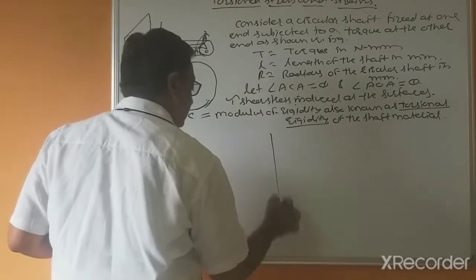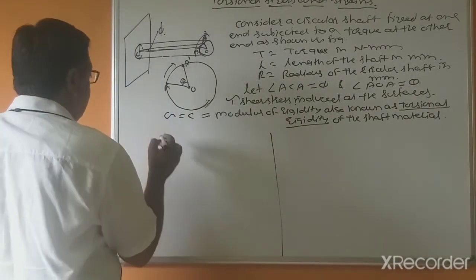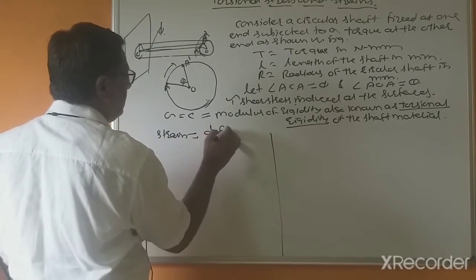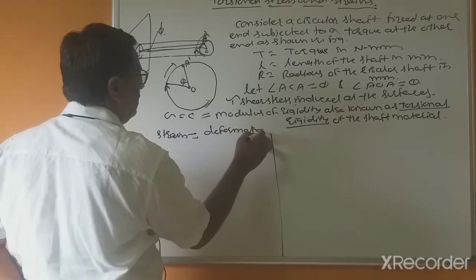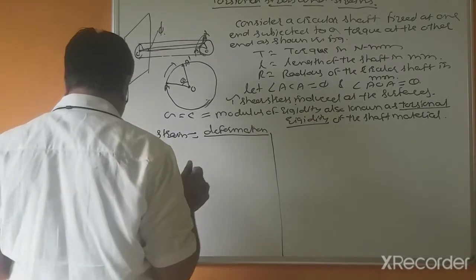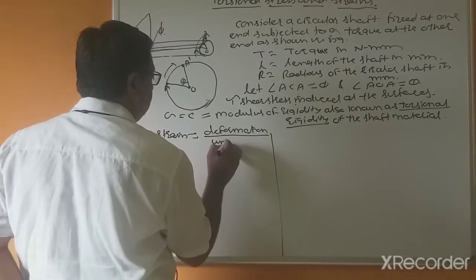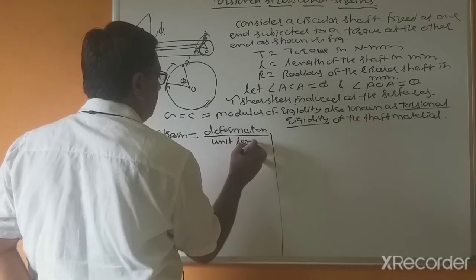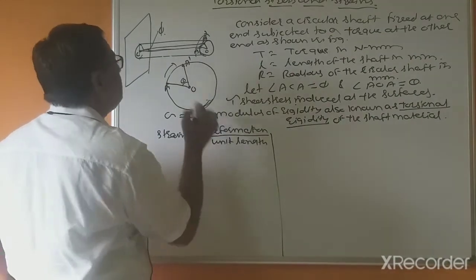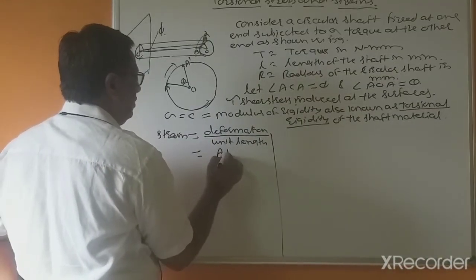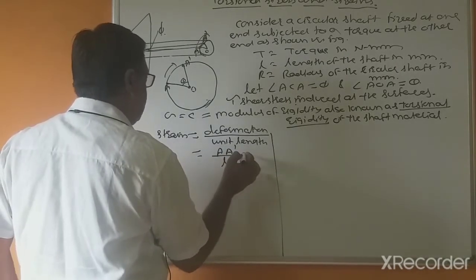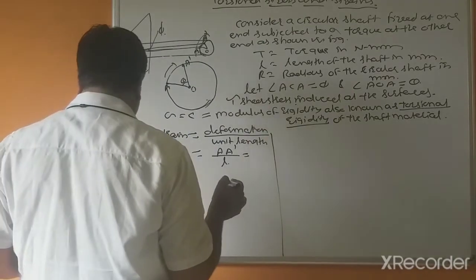So that's why strain, as you know, strain equals deformation divided by unit length. So this deformation A to A dash is divided by unit length L, and this is equal to tan phi.